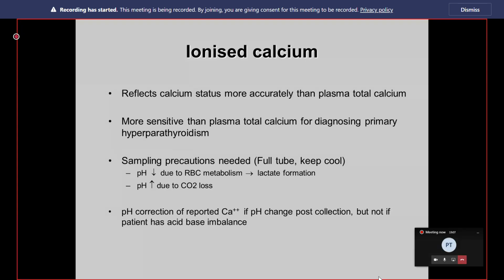And we also employ pH correction of reported calcium. So we correct the pH to normal pH, assuming that the pH changes are due to post-analytical changes, although this does not apply if the patient is in fact acidotic or alkalotic. So we really need to correct the ionized calcium to the pH the patient was in, but we assume the patient has normal pH, which is not always the case.